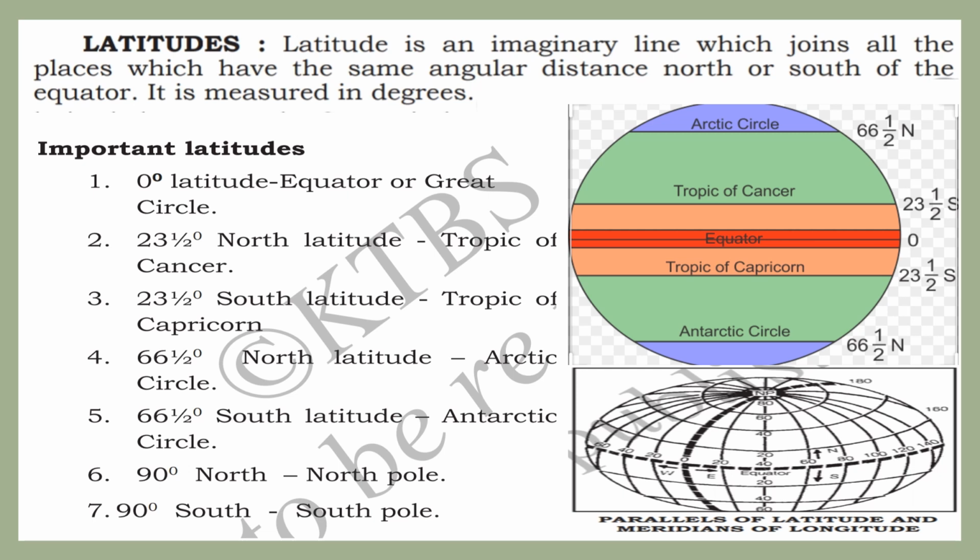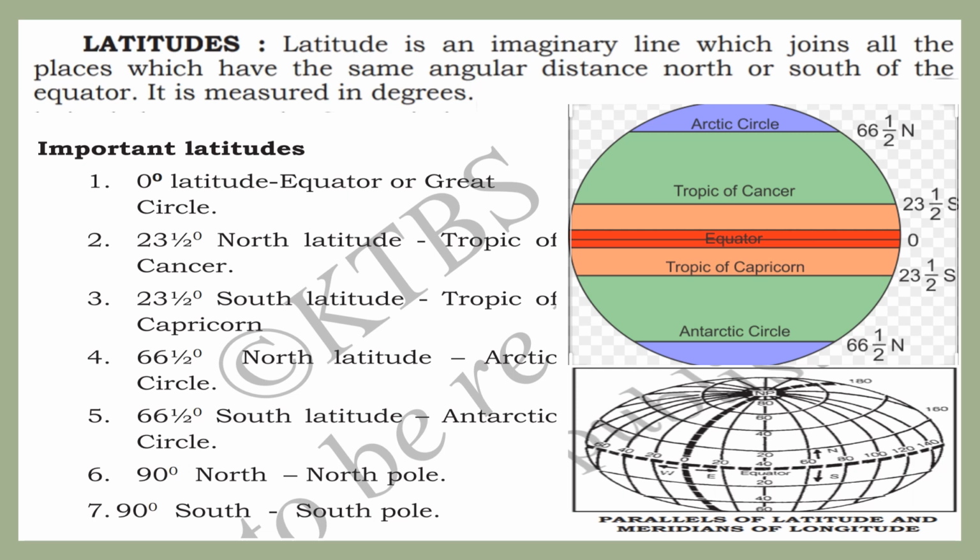You can go through these pictures, and that is the importance of latitudes. Here the 0 degree latitude is called the equator or Great Circle, and 23.5 degrees north latitude, towards the north side, is the Tropic of Cancer, and 23.5 degrees south latitude is the Tropic of Capricorn.